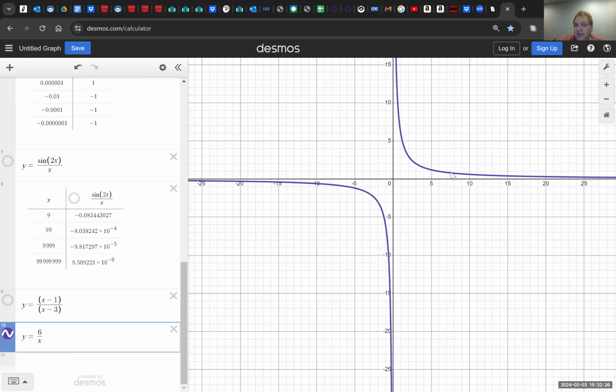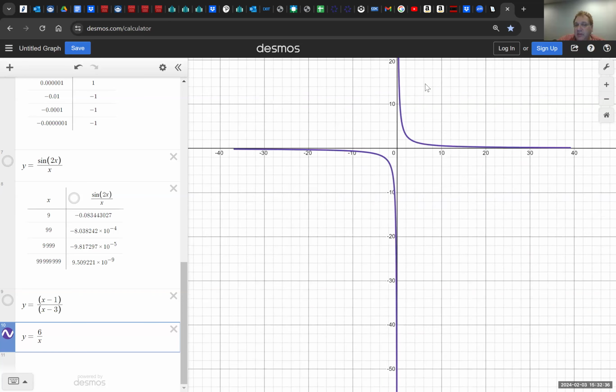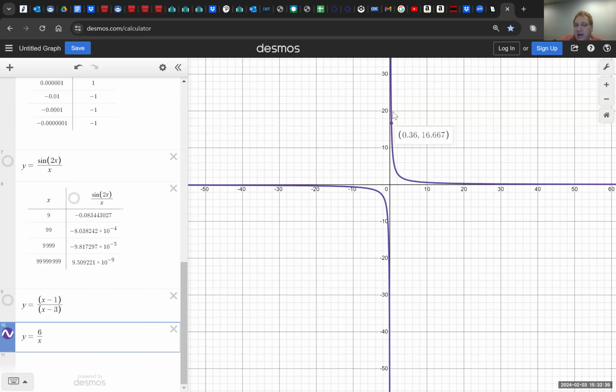On the other side, when we choose values of x which are larger than 0, as we get closer and closer to 0, remember our target value of x is 0, the y values go off the screen, but I can zoom out a little bit. You can also see that as I get values of x closer and closer to 0 from the positive side, the y values get higher and higher and go to positive infinity. So 6 divided by x is some version of negative infinity or positive infinity, depending on which side you approach from.